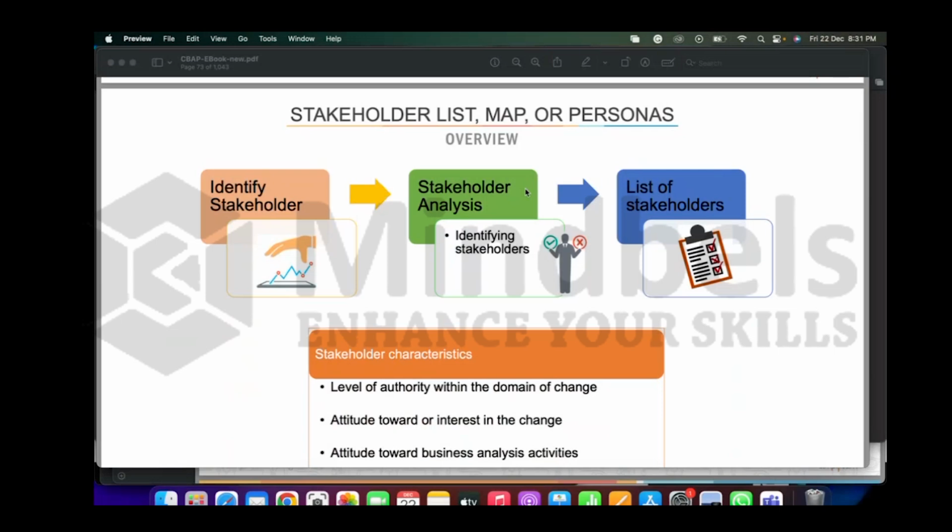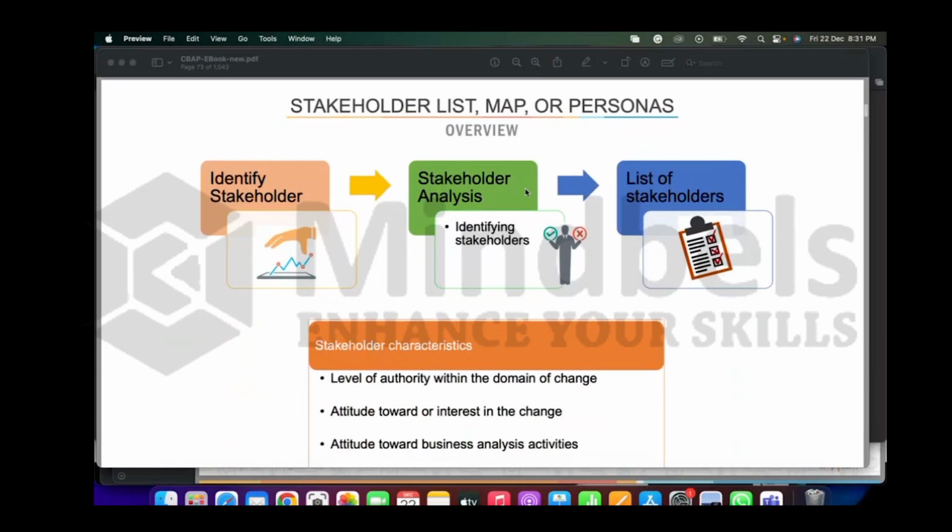Then identify their stakeholder roles, responsibilities, authority level, everything, the decision making, like we saw in the previous. These things are very important to know when we are doing a business analysis approach.